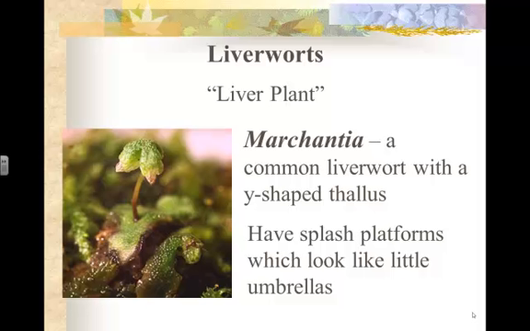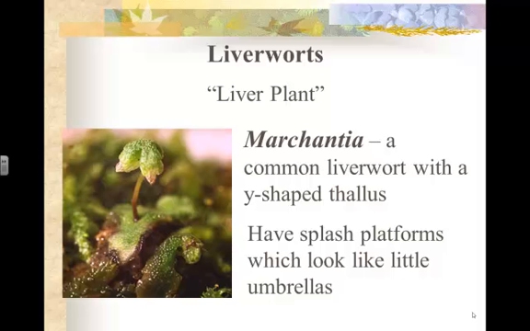Now another type of moss-like plant is called a liverwort. The liverwort is Marchantia. You don't need to know its scientific name or anything. It's a common liverwort. It has a Y-shaped thallus, and it has splash platforms. So if you see that little looking umbrella thing on top, that is to direct the water to the right places for the alternation of generation, so the sperm can swim, and so that the plant can get the water that it needs.